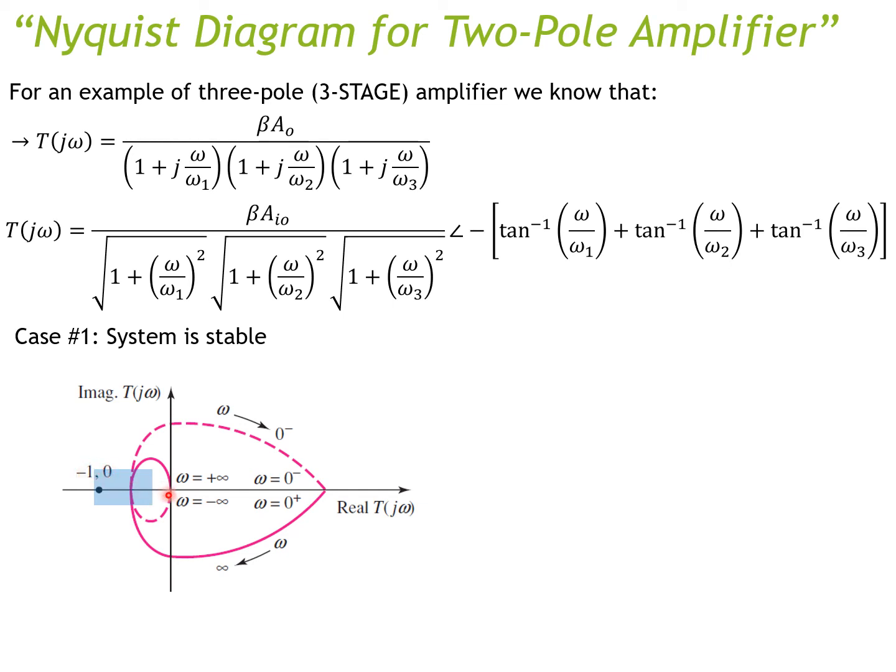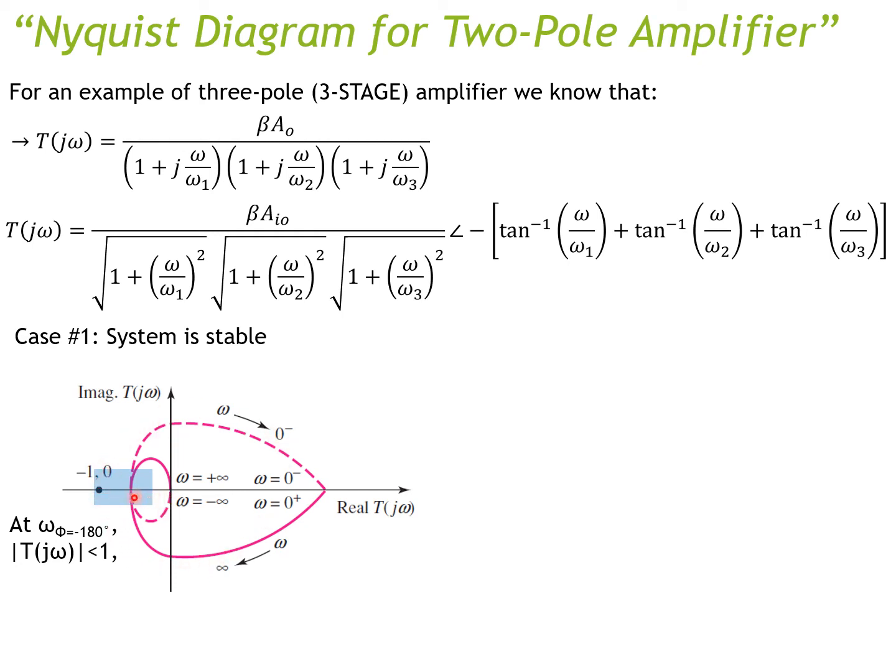If you draw a vector from here to this point, and consider the frequency, I don't know what frequency it is yet, but if I probe a point right here, I can find a frequency that makes the phase negative 180 degrees, right? So this point is negative 180 degrees. If I draw a vector, I know that this length of vector will never be larger than 1, because the vector from here to here can never reach this point. This is the unit circle in here.